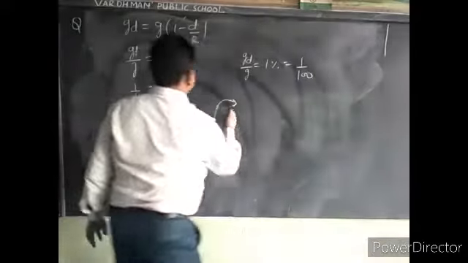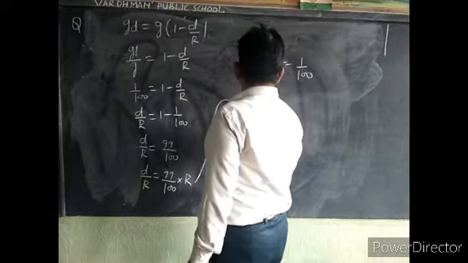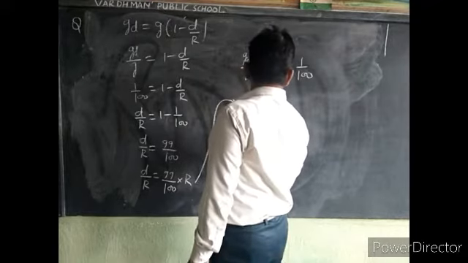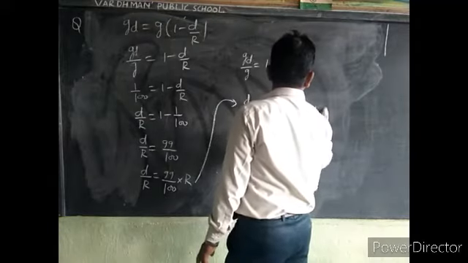D is equal to 99 upon 100 into R, that is, 99 upon 100 into the radius of the earth, 6.4 into 10 power 6.